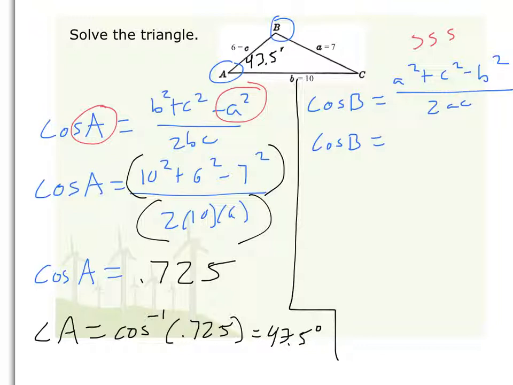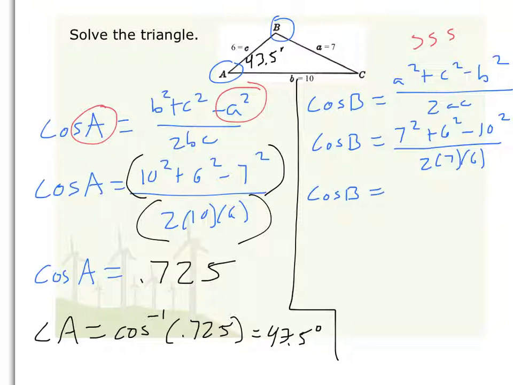Our calculator is going to do most of the work after this. 7 squared plus 6 squared minus 10 squared over 2 times 7 times 6. If we make a mistake with the law of cosines, it usually comes from that step. Something didn't get substituted where it belongs. Something must have gotten put in the wrong spot. Okay?